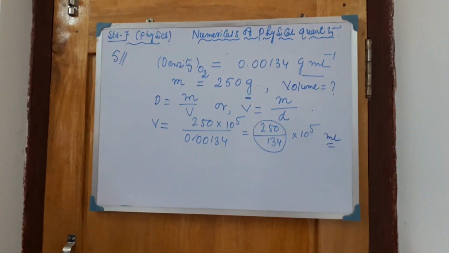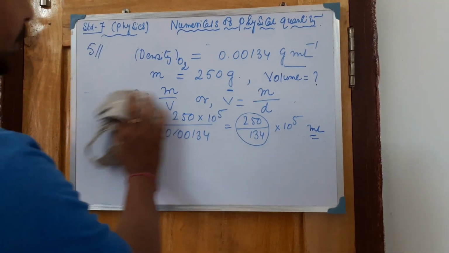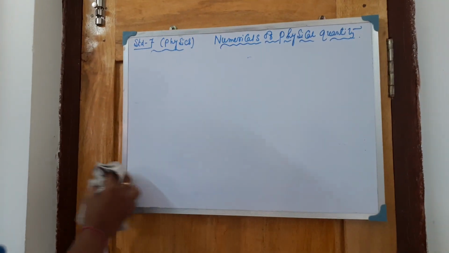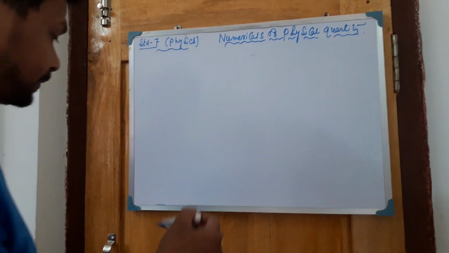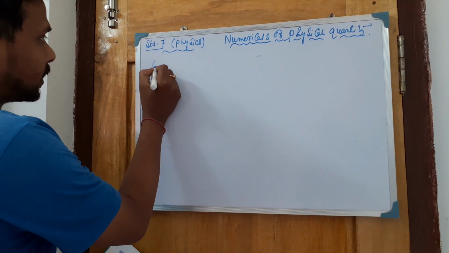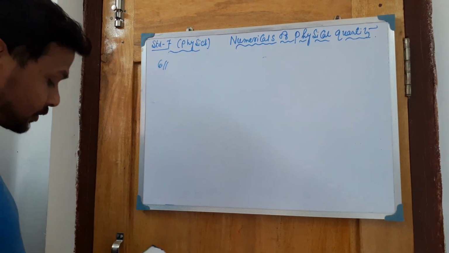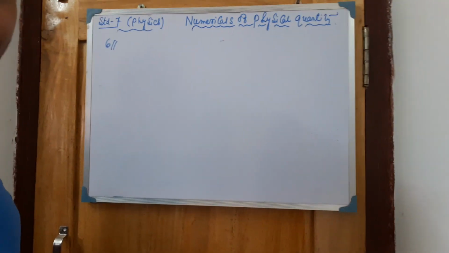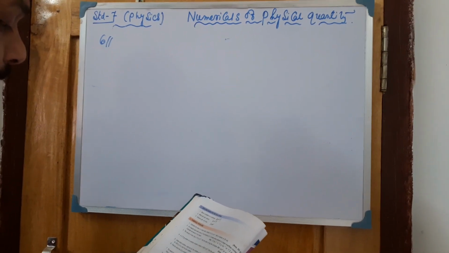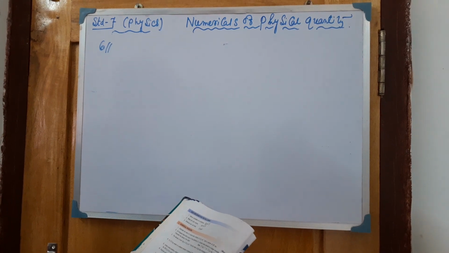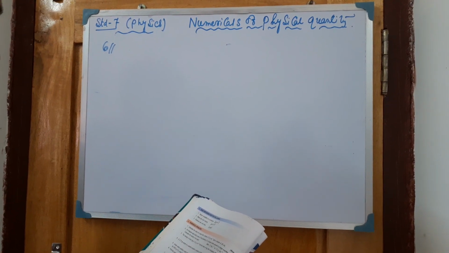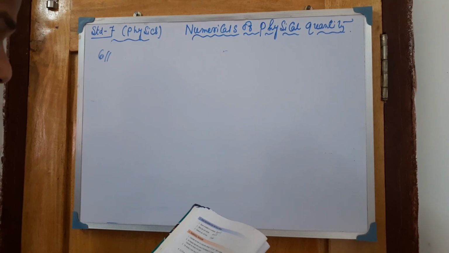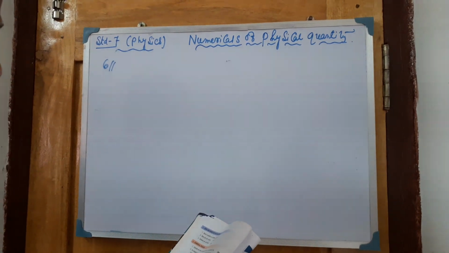So now we are coming to the next numerical, question number 6. From here you can see what question number 6 is. Find the volume that 35.2 gram of CCl4, carbon tetrachloride, will occupy, if its density is given.